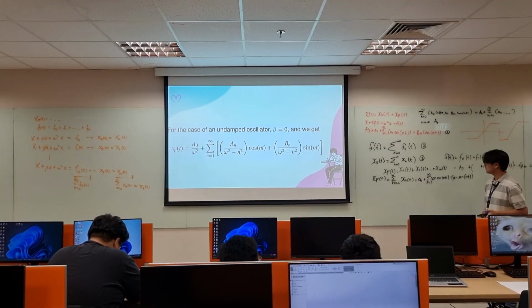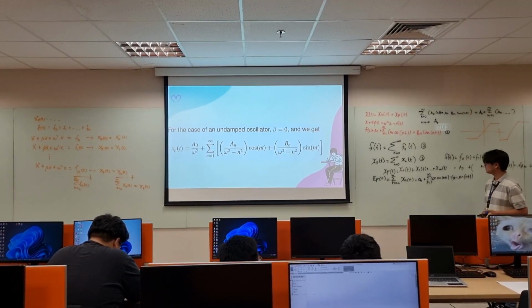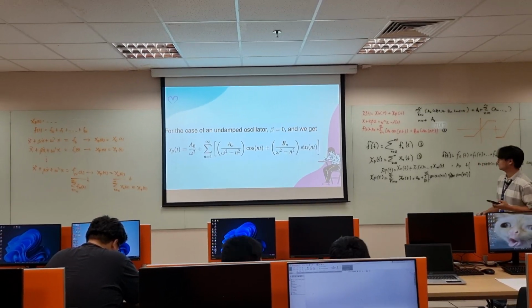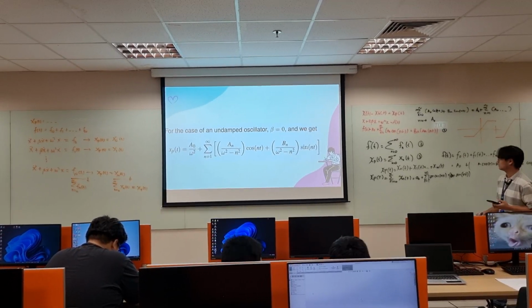Then we can reduce the equation as x_n double dot plus 2 beta x_n dot plus omega squared x_n, which is equal to f_n, equal to a_n cos nt plus b_n sin nt. This includes the n equals 0 case.